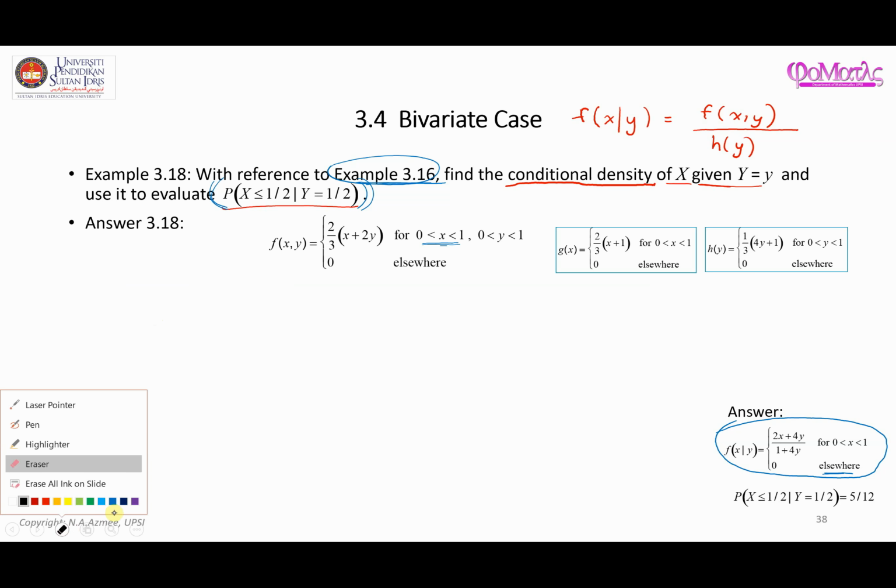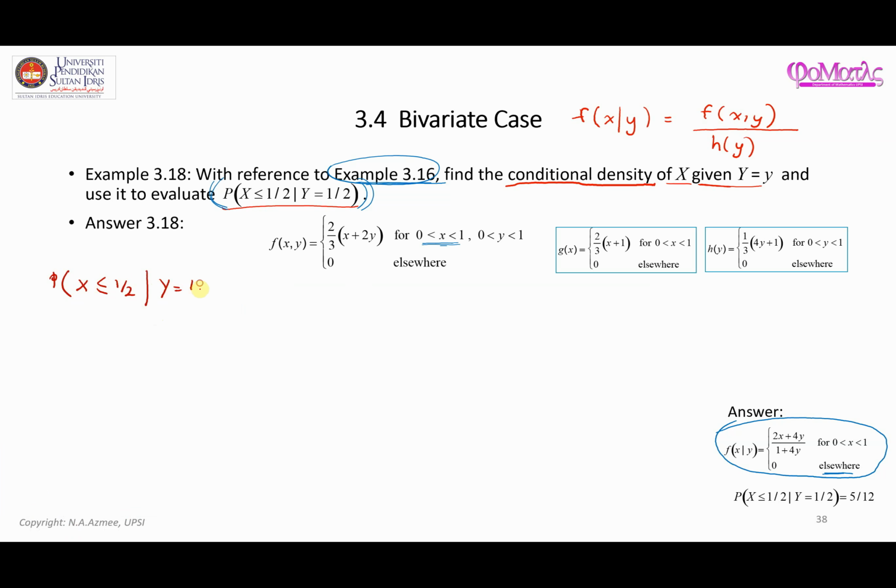When you're dealing with continuous random variables, you know that finding the probability will involve integration. So we have x less than 1 over 2 given y is equal to 1 over 2. In order to find this probability, we need to integrate the function.